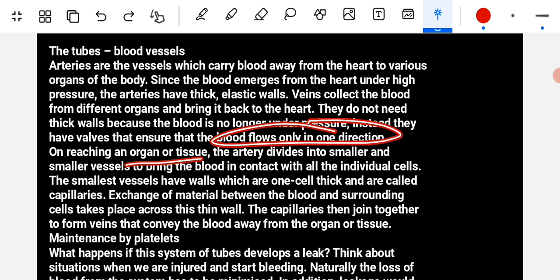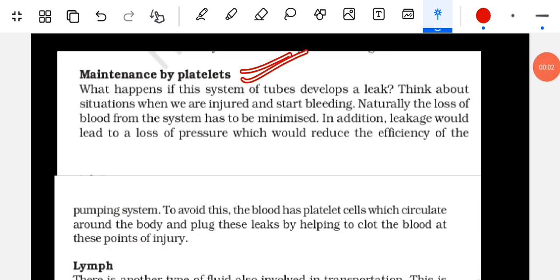The artery divides into smaller and smaller vessels to bring blood to every individual cell, and the smallest vessels have walls that are one cell thick. They are called capillaries, and the exchange of material happens like this. The capillaries then join together to form the veins to convey the blood from all the organs and tissues back to the heart, to make it oxygenated again.